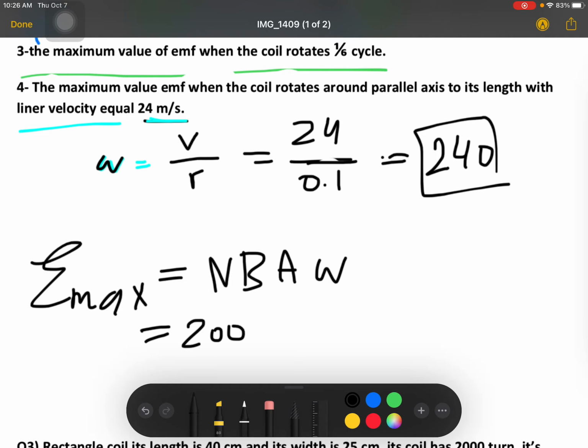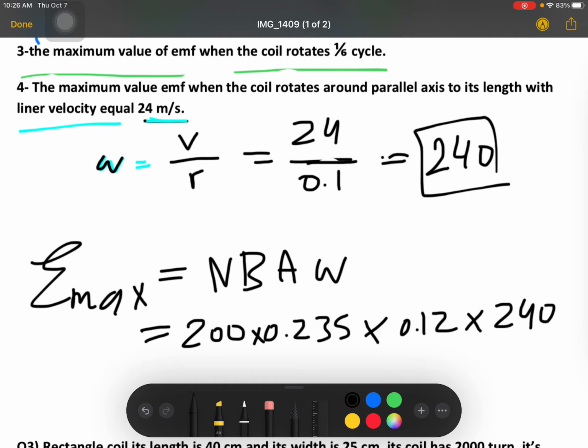So N is 200, B is 0.235, A is 0.12 and omega is 240.